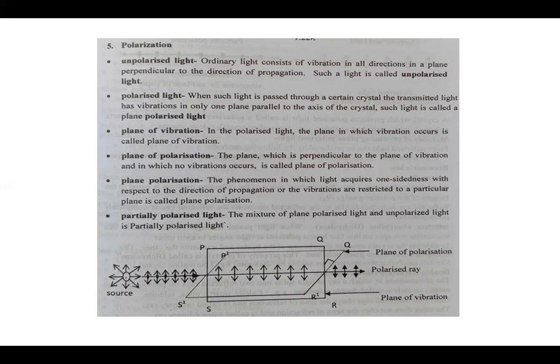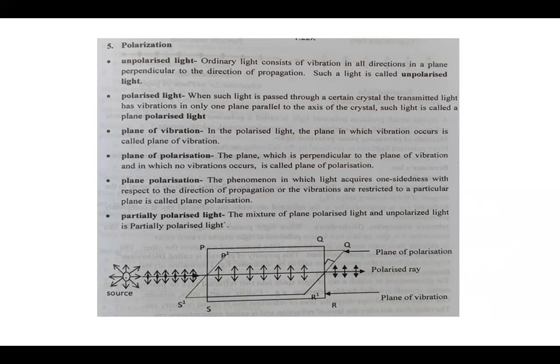It is nothing but the light wave that is vibrating. You can say that it is the process of changing or transforming unpolarized light into polarized light. You are transforming the unpolarized light to polarized light.